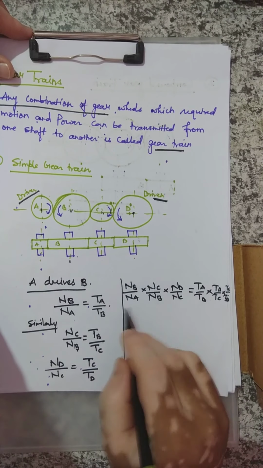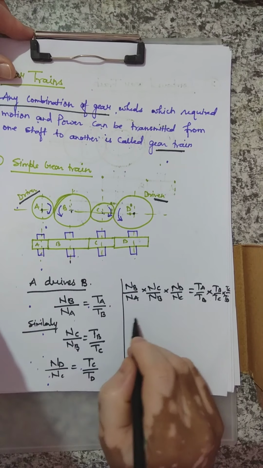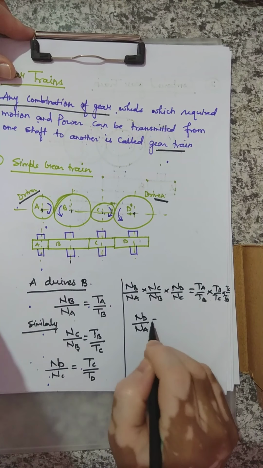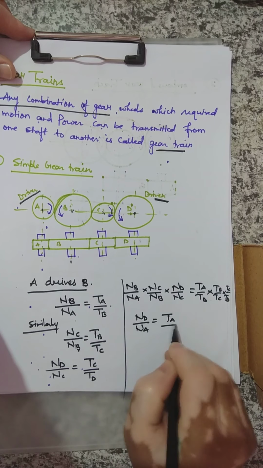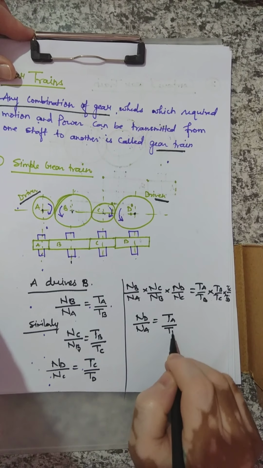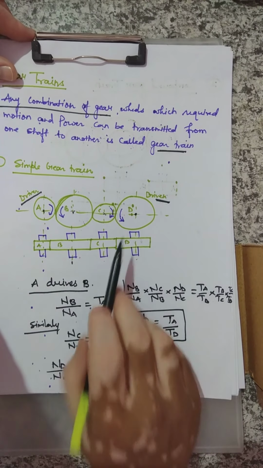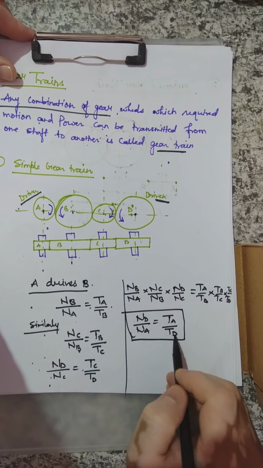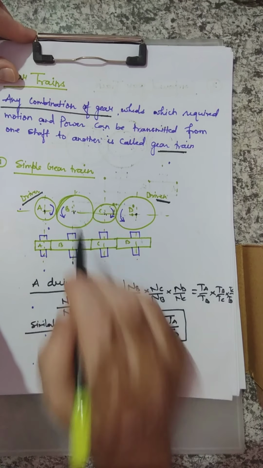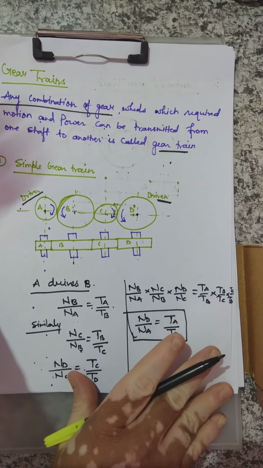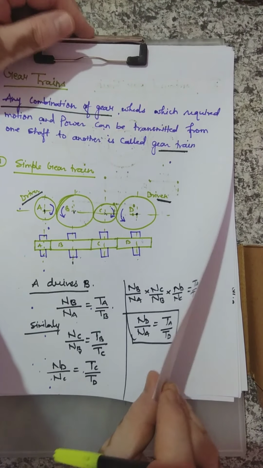Okay, then when we calculate this, we get ND by NA is equal to TA by TD. So this is the velocity ratio. ND by NA is equal to TA by TD. That means the intermediate gears B and C have nothing to do with the power transmission or the velocity ratio. Okay, this is a simple gear train.